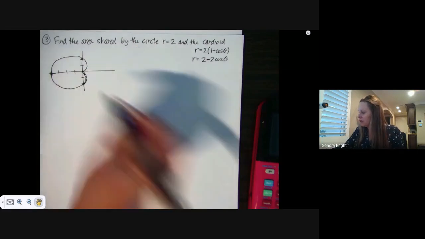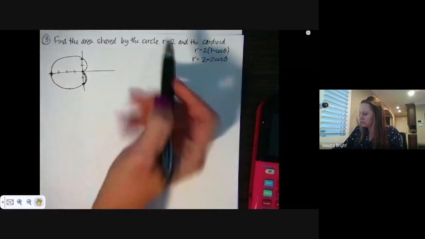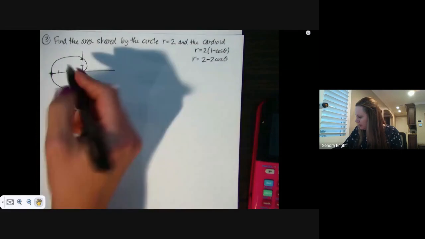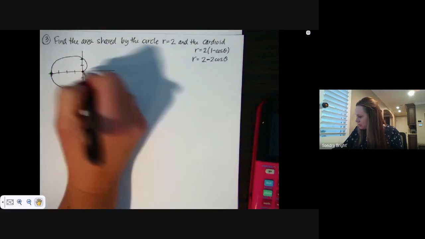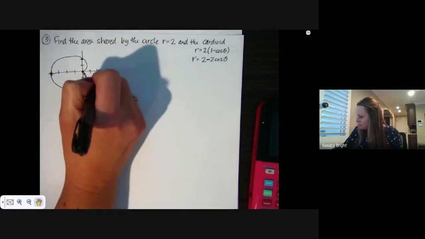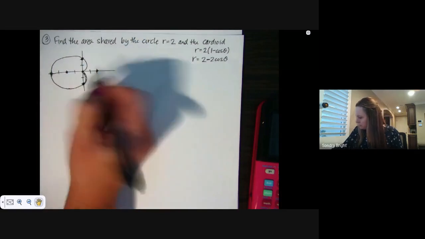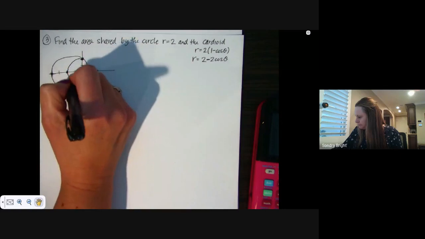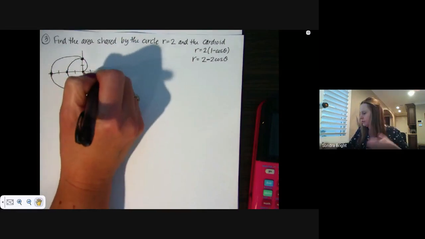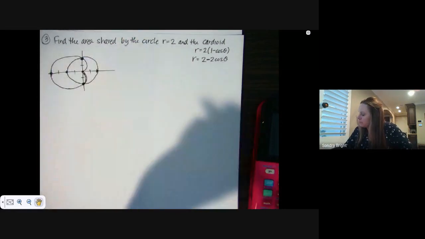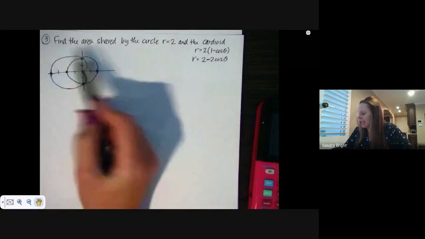The circle r equals 2 means you're centered at the origin and your radius is 2. So 2, 2, 2, 2. A little funky looking, but whatever. Okay, so we're finding the area shared by the circle and the cardioid.